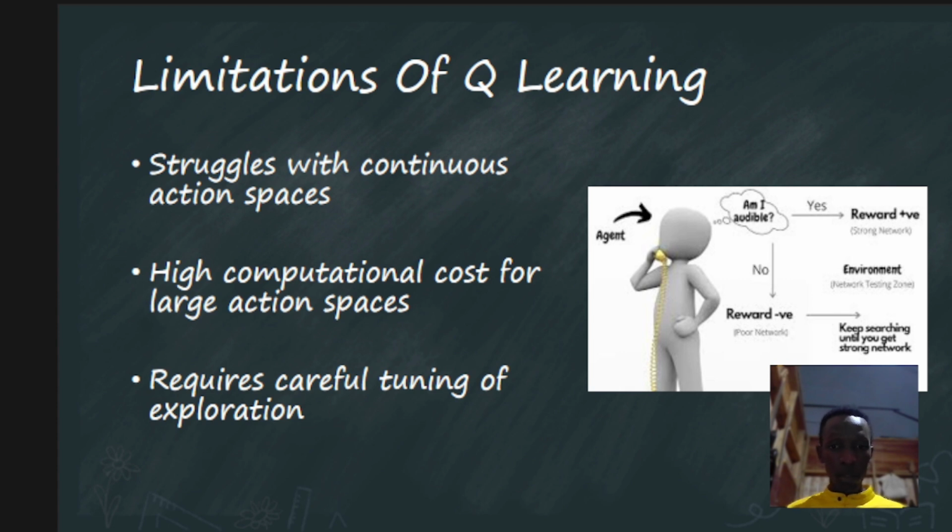And going further to another limitation, this requires careful tuning of exploration, whereby it relies on a balance between exploration and exploitation. The exploration strategy, which we call epsilon-greedy, is often used in Q-learning, where the agent randomly explores with probability epsilon and exploits with the remaining probability.